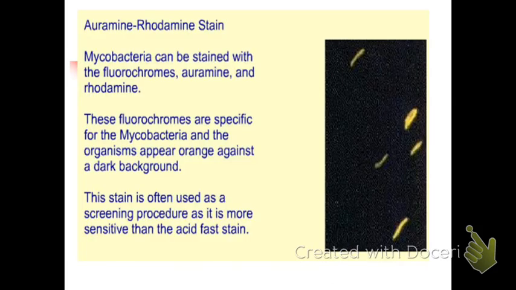Okay, so this is another example of the auramine rhodamine stain. Usually they would be stained yellow or bright orange against a dark background.